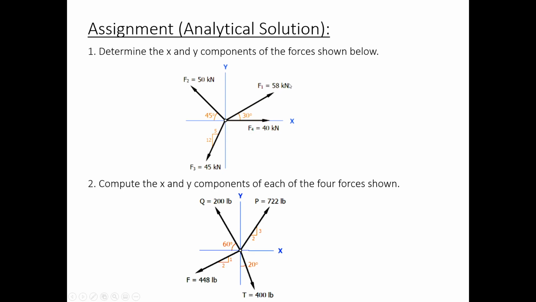Find the value of the x and y components, then determine the resultant force. This will be published in your Canvas course. Since there are only two problems, the deadline for this one will be next Tuesday.